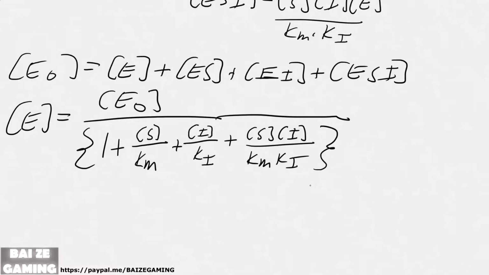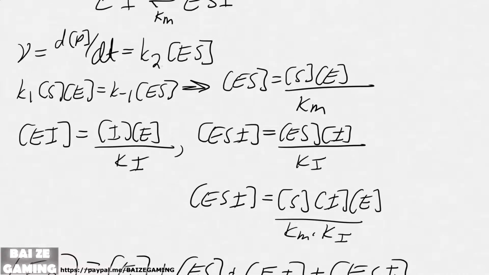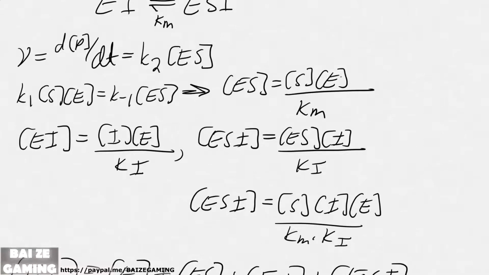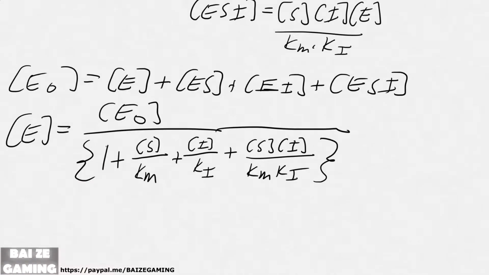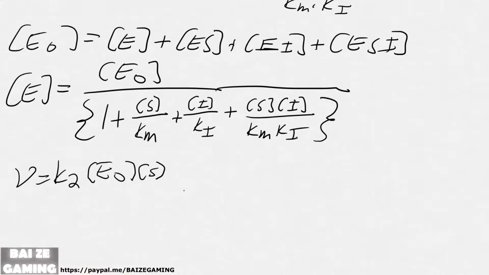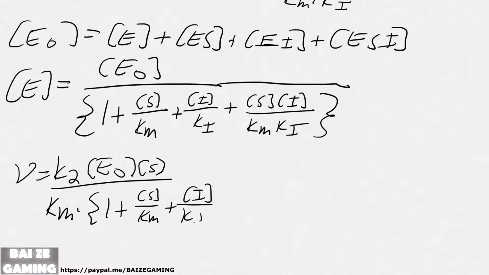Okay. And remember that we substitute this back into ES because it's K2 times ES, and ES is a function of E. We can substitute that in to remove E. Let's do that. And then the numerator has a Km now. And yeah, we just keep doing this.